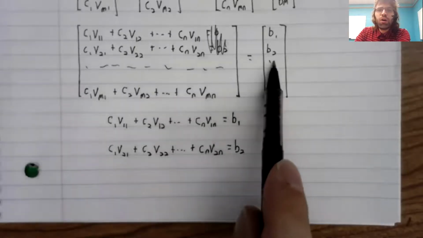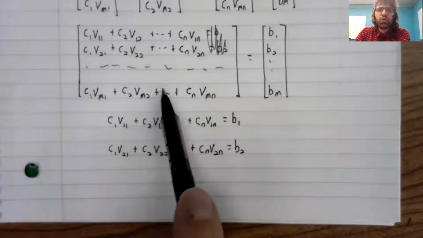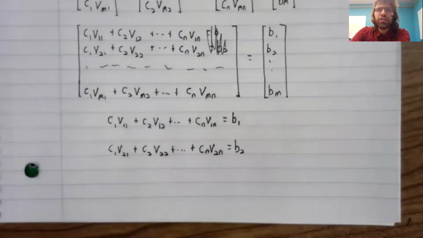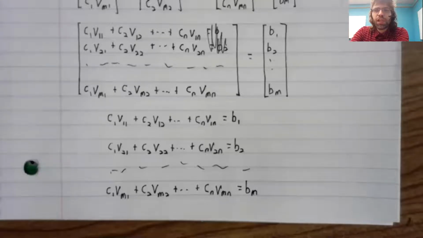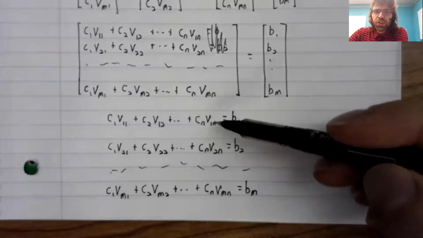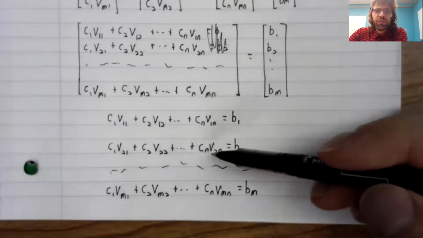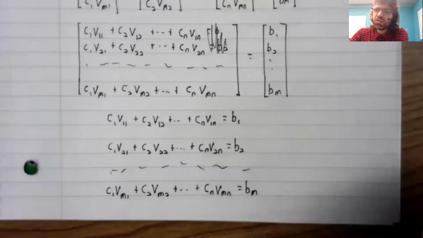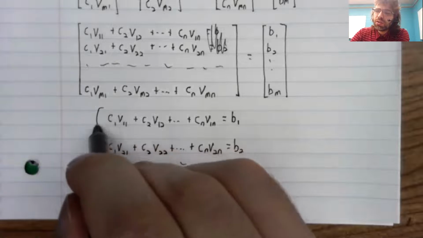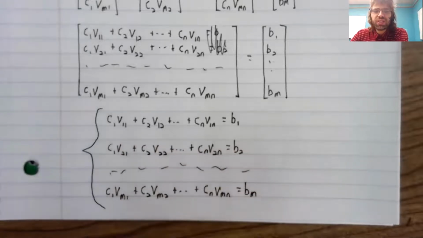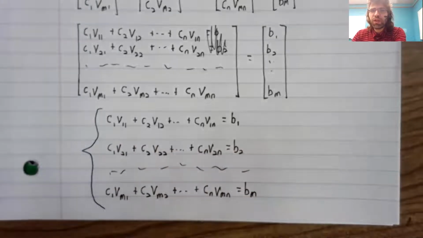And so on down the line. And all of these equations have to be true at once. So this is a system.